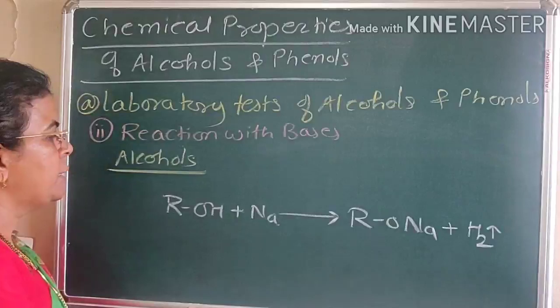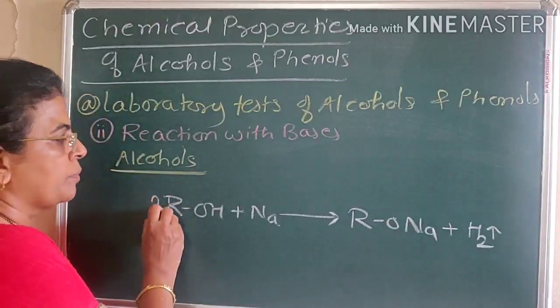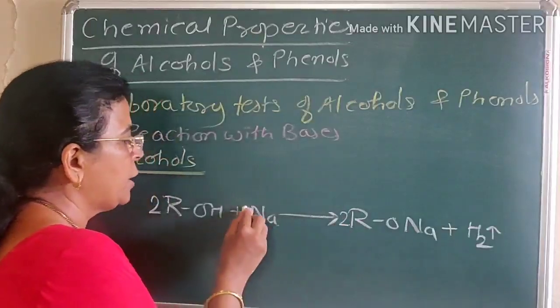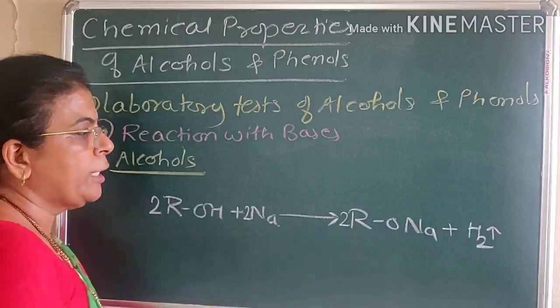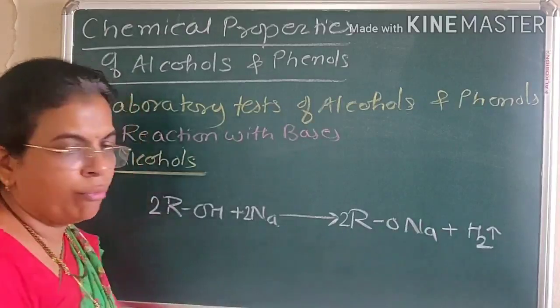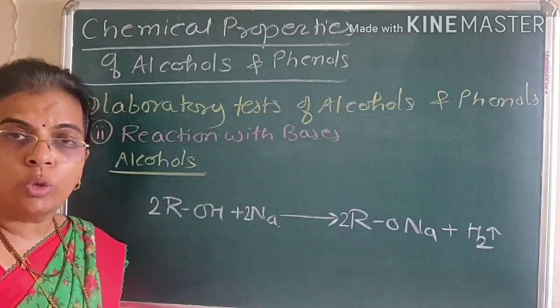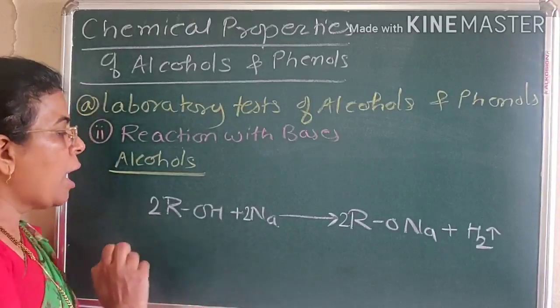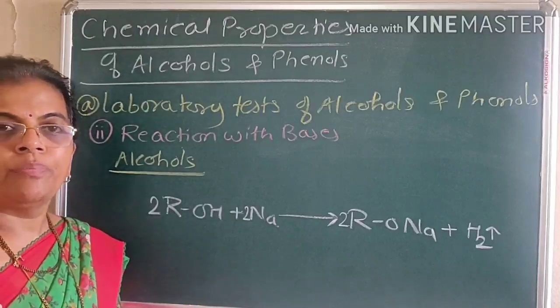Now we have to balance this reaction. Here there are two hydrogen atoms, so write here twice. Then here also it becomes twice, and here also twice. Here sodium alkoxide is formed with evolution of hydrogen gas. With active metals like sodium or potassium, these alcohols show weak acidic nature.